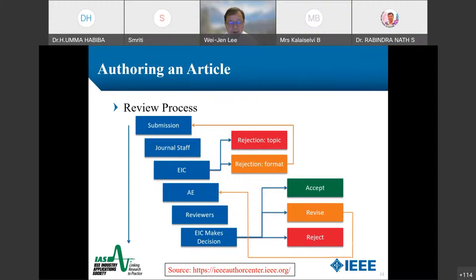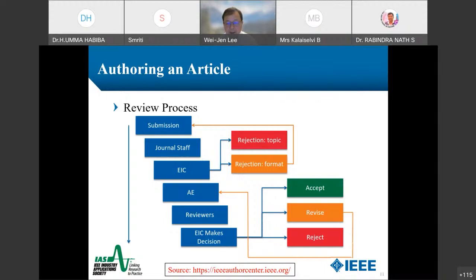The associate editor will select a reviewer who is familiar with the topic of the paper, and the reviewer provides the review with a selection of three outcomes: accept, revise, or reject.